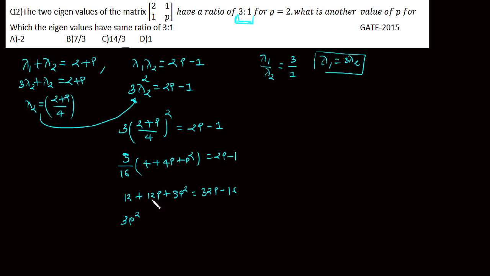Here we are simply getting minus 20p because already here 12p is there, and 32p will come this side and become negative. So we get minus 20p, and here positive 12 is already there and 16 is added in that. So we are getting 28 equal to 0.